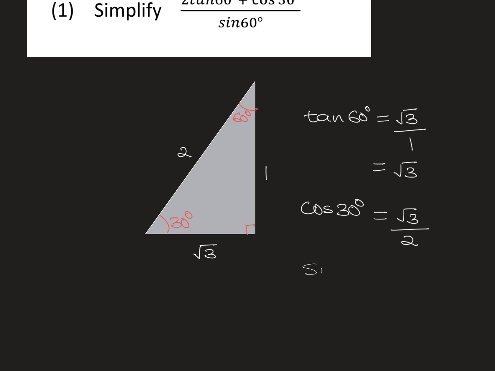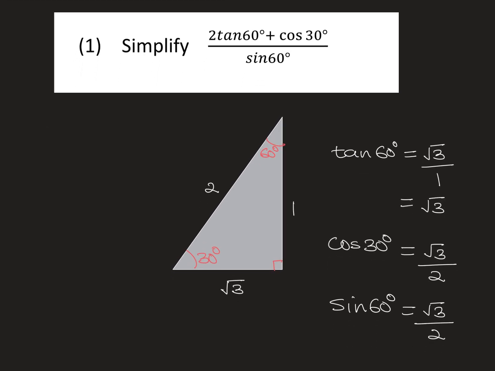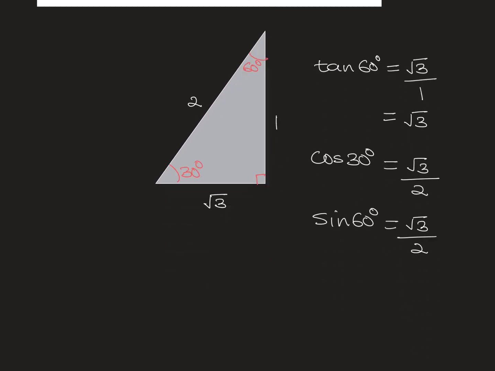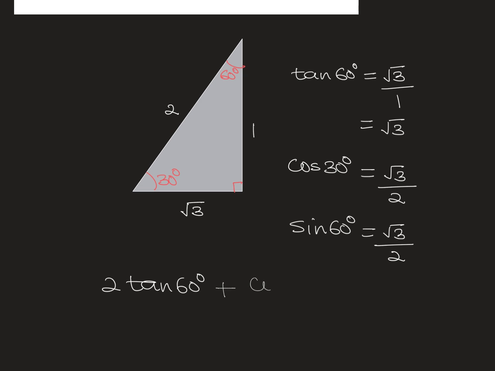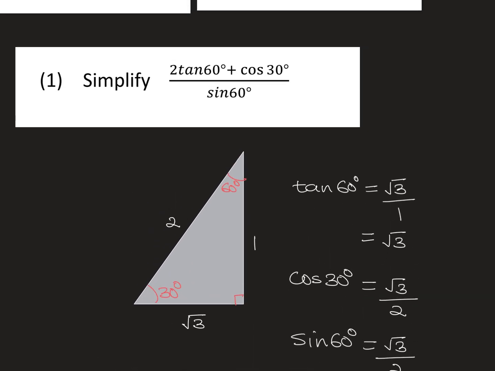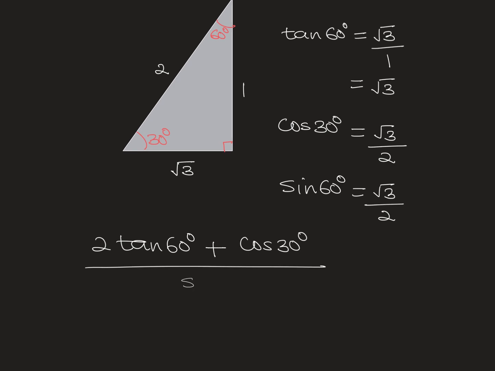So sine 60 degrees is the opposite, root 3, divided by the hypotenuse, 2. Now that we know this, we can simplify 2 tan 60 degrees plus cos 30 degrees divided by sine 60 degrees.